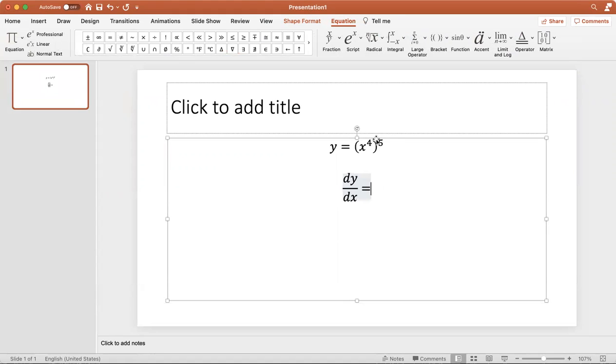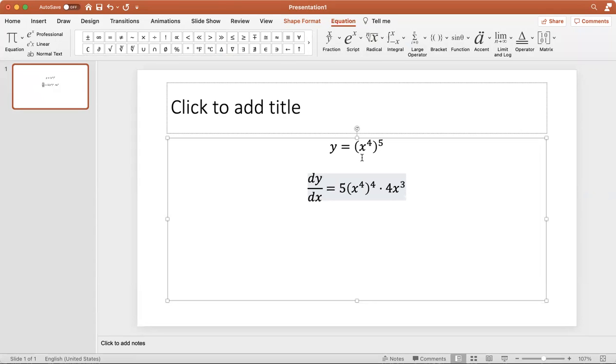So that's going to be 5 x to the fourth raised to the fourth power, multiplied with the derivative of the inner function, which is 4x raised to the third power. All right, so that's 5 times x to the fourth, raised to the fourth power, times 4x cubed.